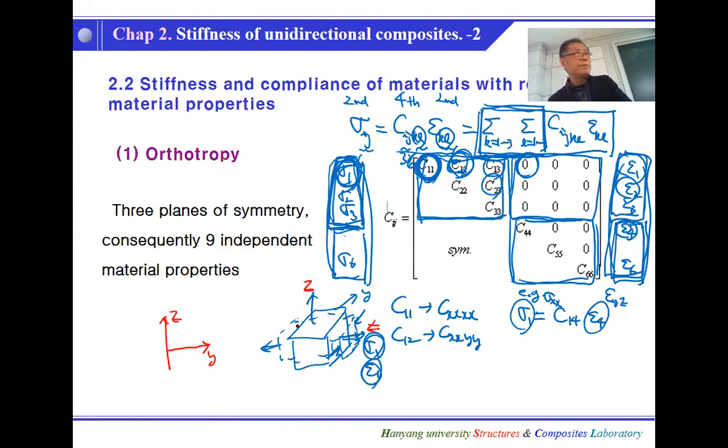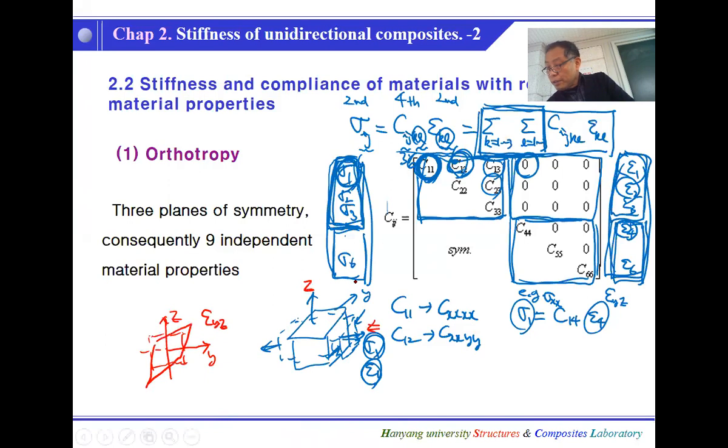This is Z. This material, originally a square like that, would now deform like that. This is the epsilon YZ, shear strain.